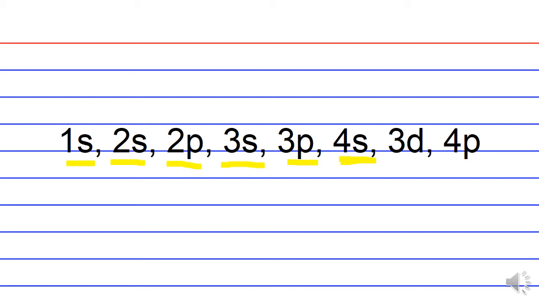So you fill up the 4s and then you fill up 3d. This is one that often confuses people, or they tend to forget about it. So remember that 4s gets filled up before 3d. And finally, 4p.